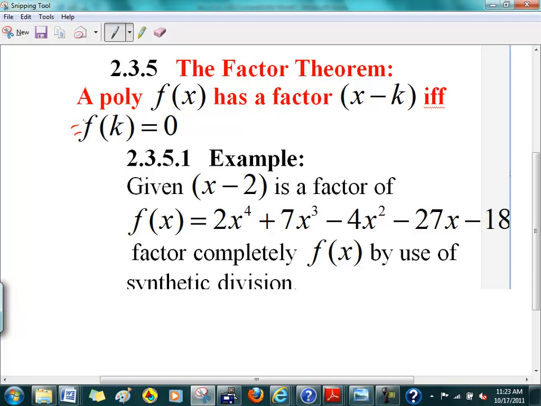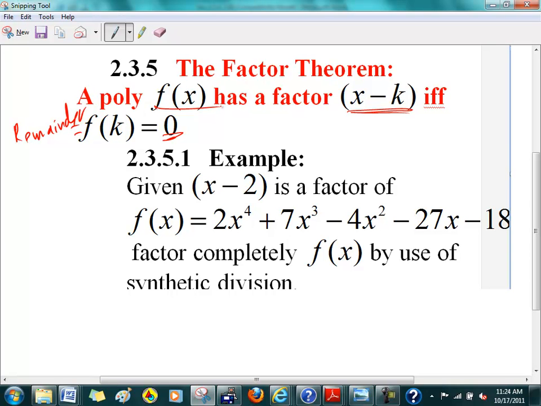This was your remainder, from the remainder theorem. So if the remainder is 0, then this must be a factor of the polynomial that you start out with. Just like if you divide 6 by 2, what's your remainder? 0. So 2 is a factor of 6, right?